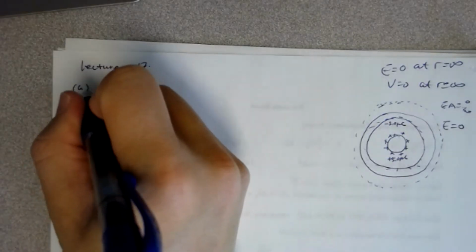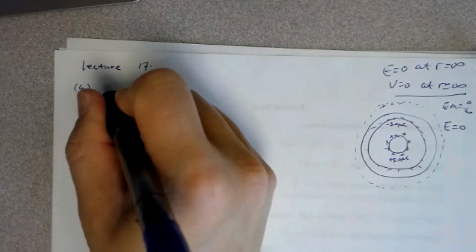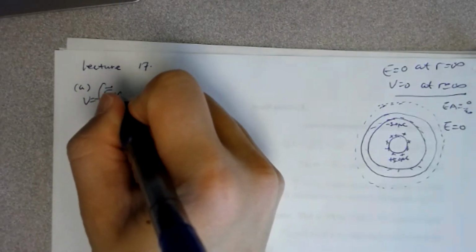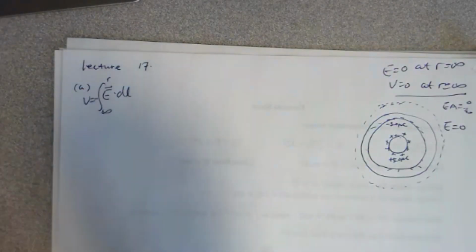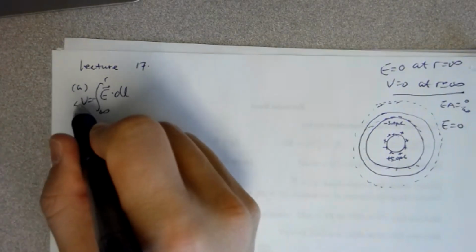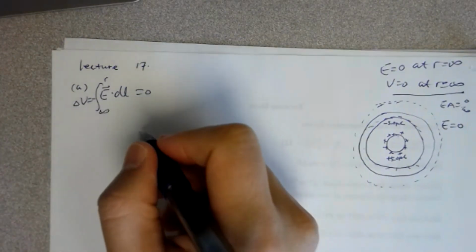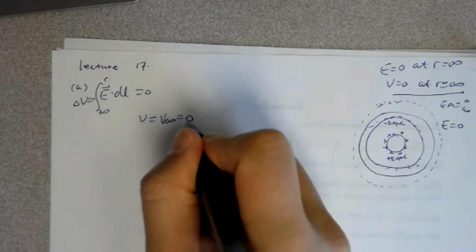If that's the case, then the potential outside the shell on the outer surface will be the same as when the potential is 0 at infinity, because V equals the integral of E dot dl from infinity to your point of interest. If E is 0, then there's no change, so the change in potential is 0. So V equals V infinity equals 0, okay?